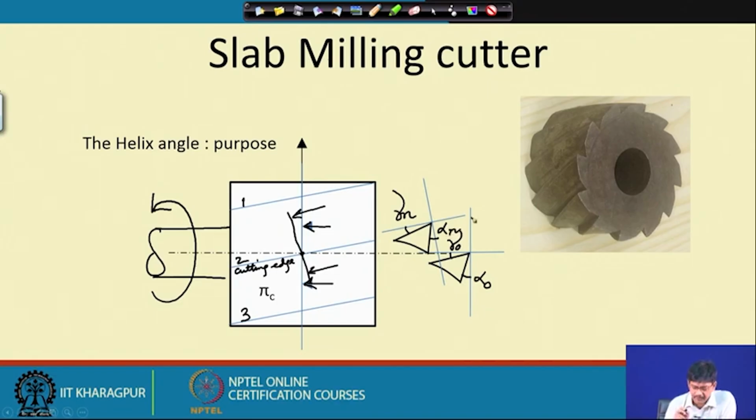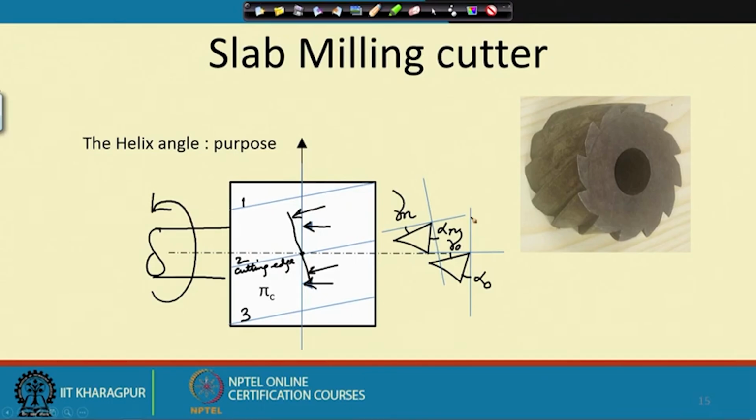Now, after all this discussion, you might ask me, why are we giving this inclination to the cutting edge? Why is the inclination angle provided? What is its purpose? If the inclination angle is 0, then the chips will come out and move over the rake surface and basically travel on the orthogonal plane.